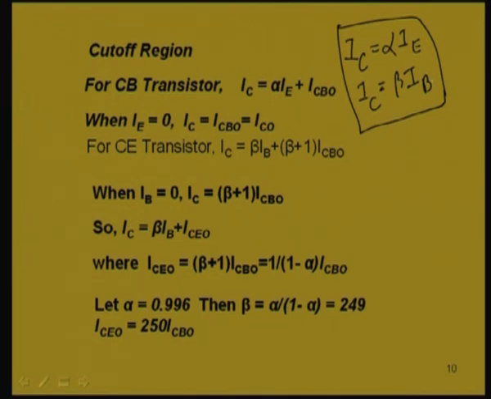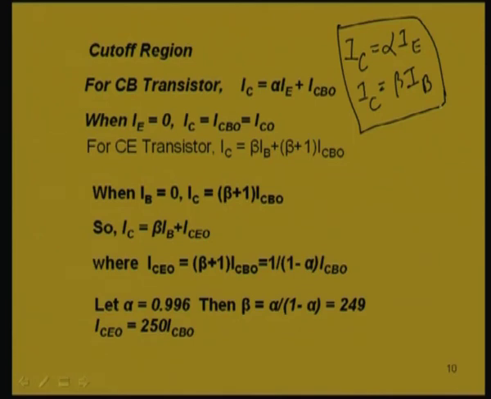So, it is basically a current source which is controlled by another current source. So, it is called current controlled current source. The source is the input current which is controlling the output current. Transistor is a current controlled current source.